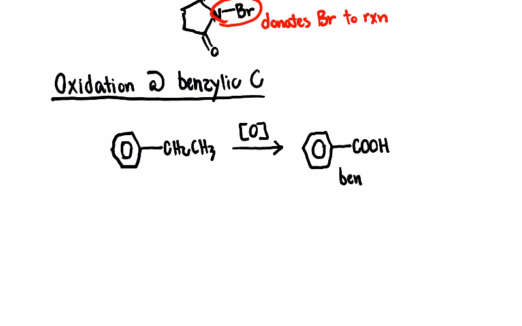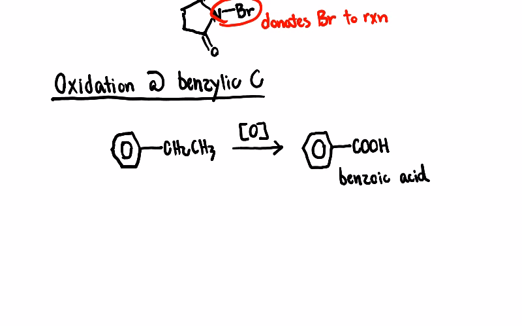Benzoic acid, by the way, is a really common food preservative. Sometimes it's converted into the salt form by deprotonating it to form benzoate. So if you see things like sodium benzoate, that's a really common food preservative that's often listed toward the tail end of the list of ingredients of different food items.